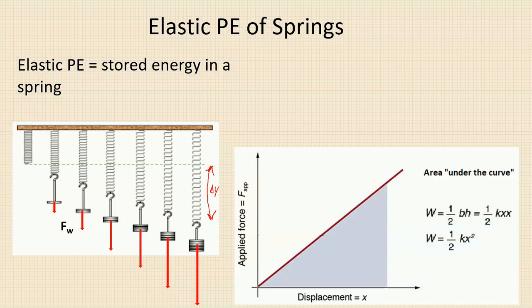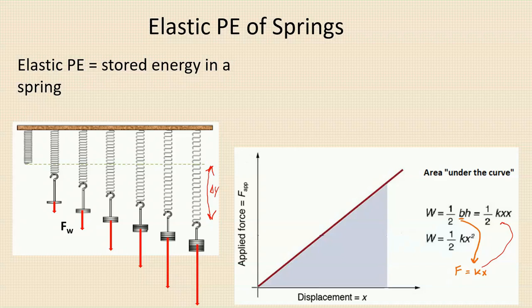We have one half the base times the height for the triangle that we're looking at, and the force itself, remember from Hooke's law, is k times the displacement, and so that goes right up in here, and that's where we get the one half k x squared. Put those together, and you get the work that's done to the spring is one half the spring constant times the displacement squared.